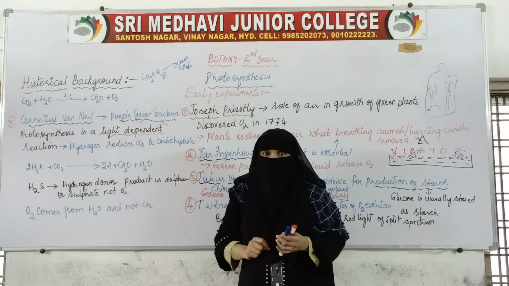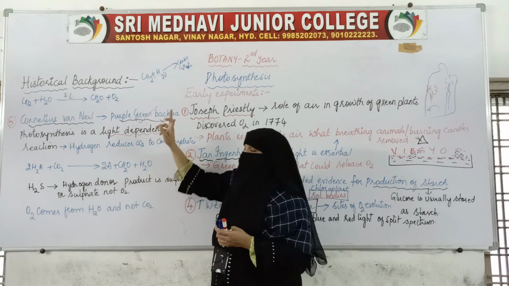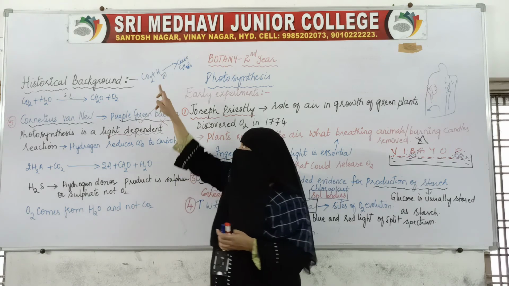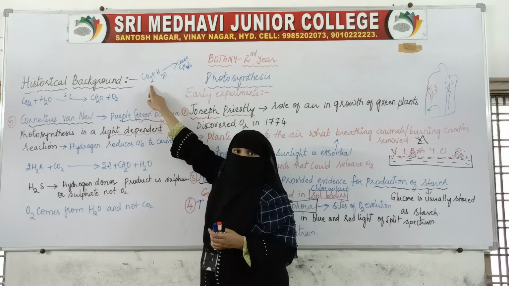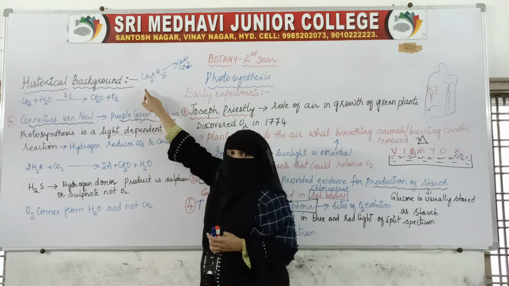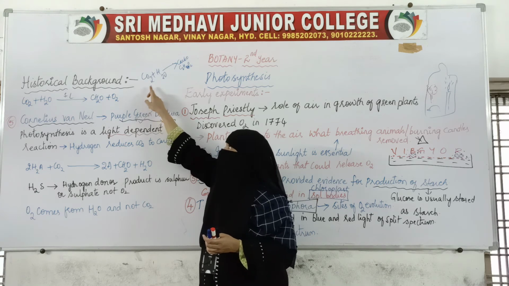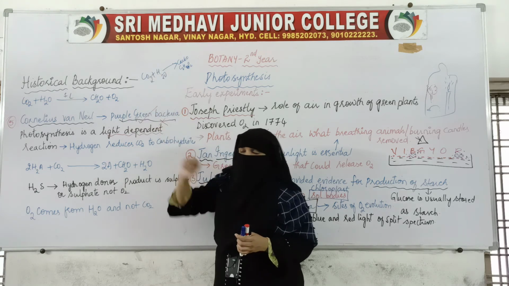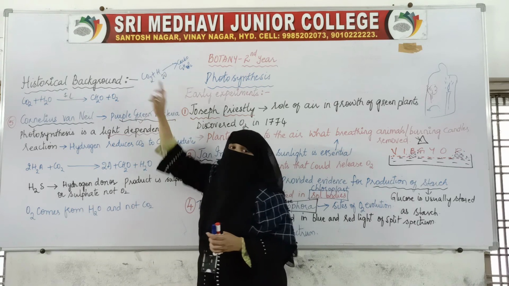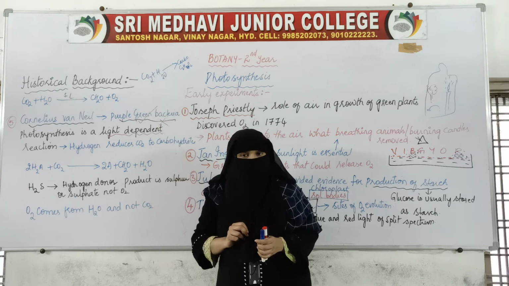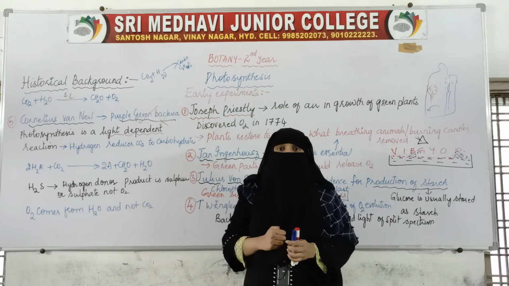Earlier it was said that carbon dioxide helps in the formation of carbohydrates. How is it helping? It releases the oxygen, and the hydrogens are taken by this carbon dioxide to form the carbohydrates.